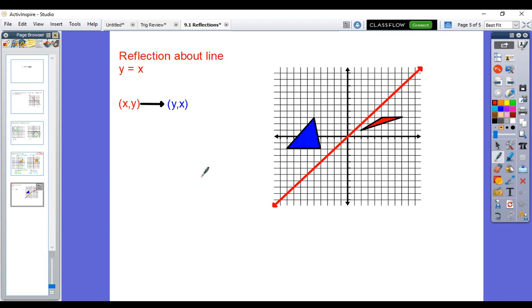Let's talk about this. When we're doing reflections over the y equals x line, you just switch those coordinates. These flip over. What was in the x position becomes y, and what was in the y becomes x. For example, let's take this coordinate. I'm going to do the blue one because it's the most diverse looking one.